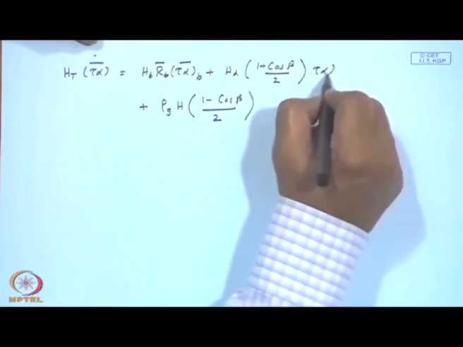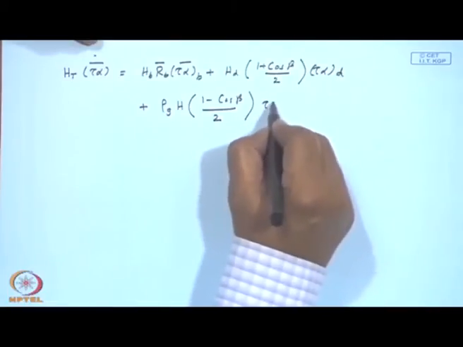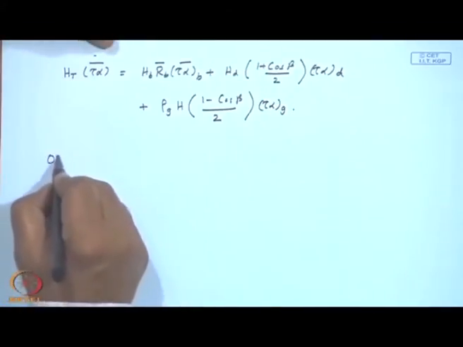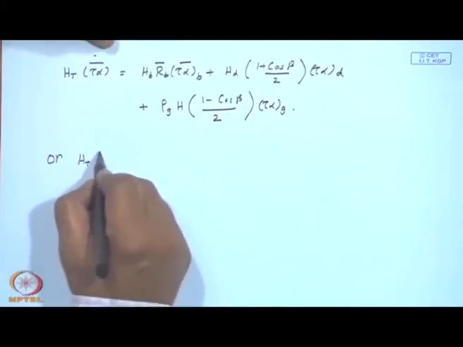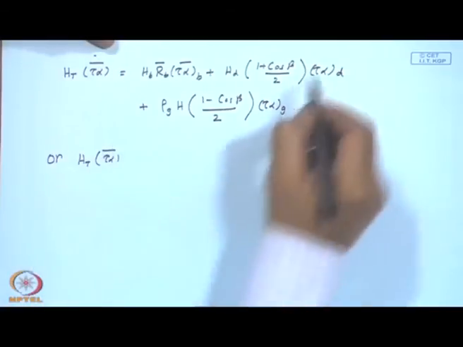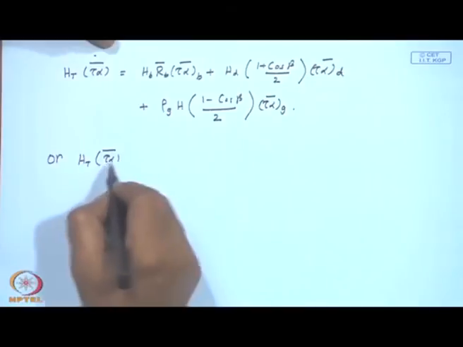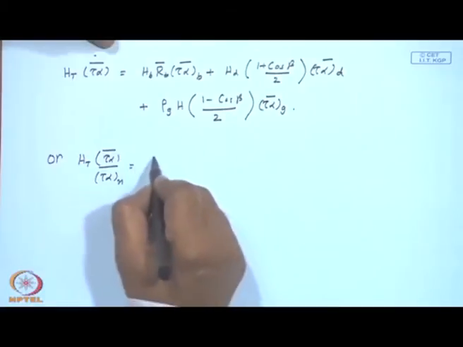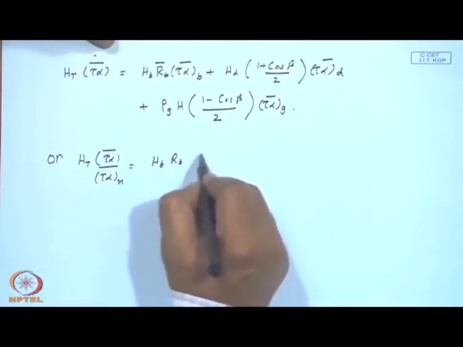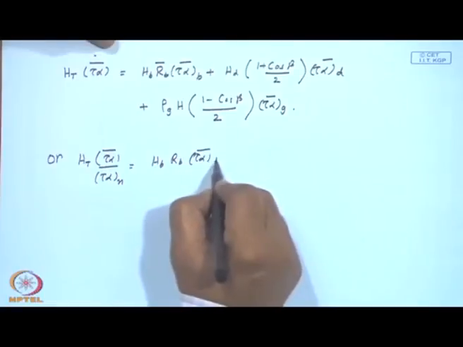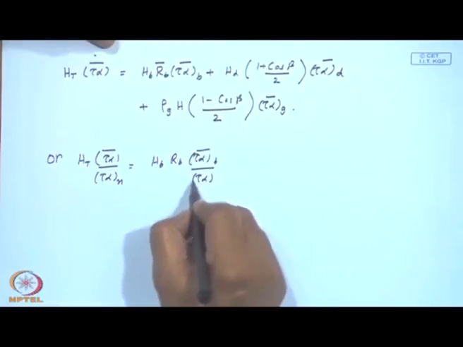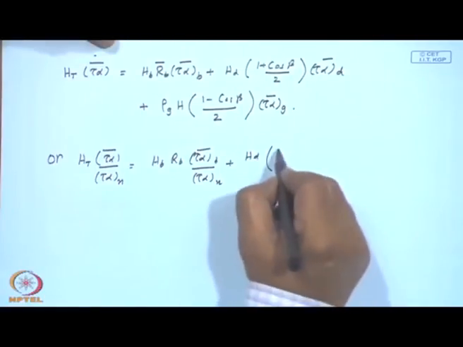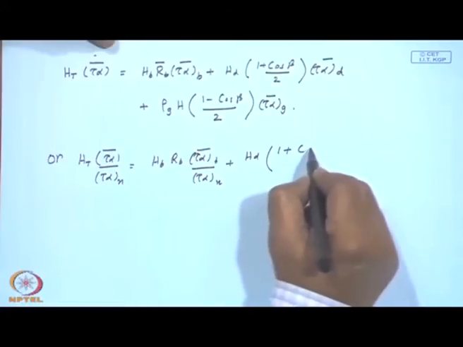This should be with tau alpha diffuse, this should be with tau alpha ground, or H t tau alpha bar, there should be bars here, tau alpha n. This is only to write in terms of what is known to us, namely tau alpha by tau alpha n.